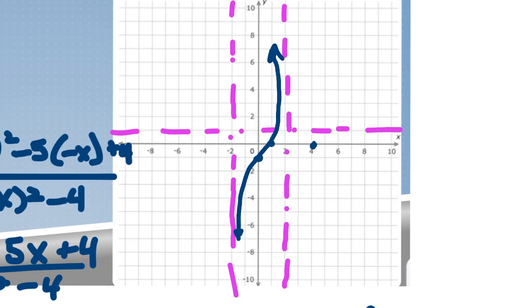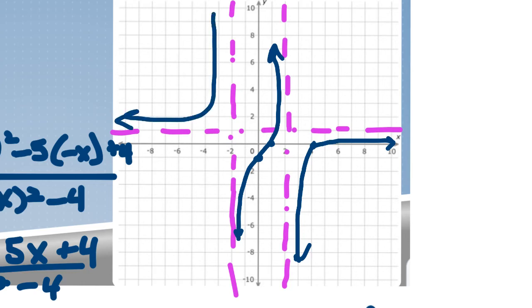And then with the cubic function shape in the middle, one of my curves on the outside goes up and one goes down. So if that point is already here at 4, I know it's going to look something like that. And if what we assume is right, that puts this curve up here, which is consistent with what we've got, because if it was under it, I would have had yet another x-intercept somewhere along this point.